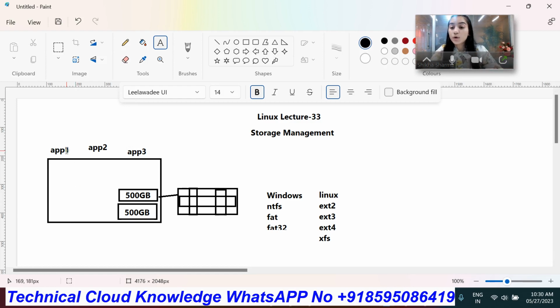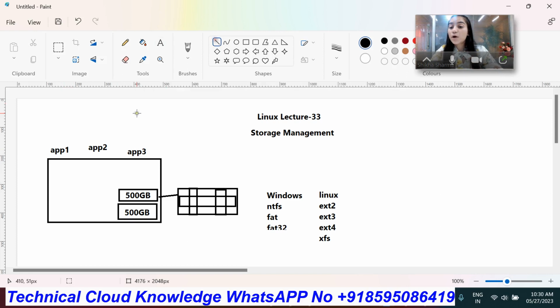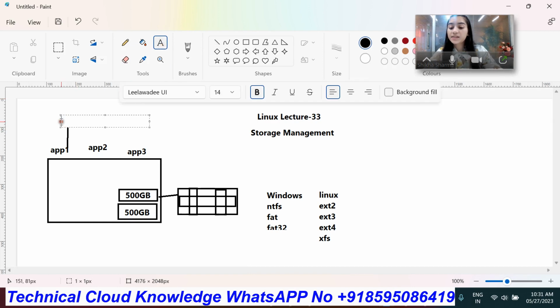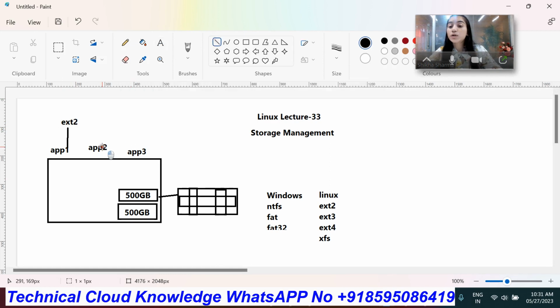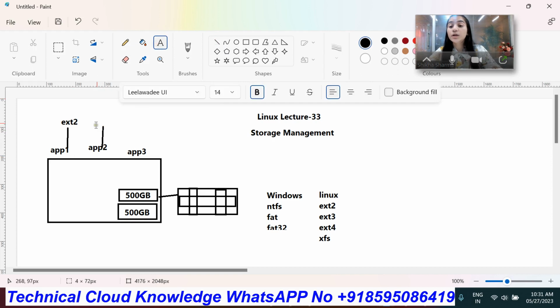Application 1 wants its data to be stored on a hard drive which is formatted with the ext2 file system. So its demand is for ext2. Similarly, app 2 also demands a hard drive where its data will be stored, formatted with the ext3 file system.